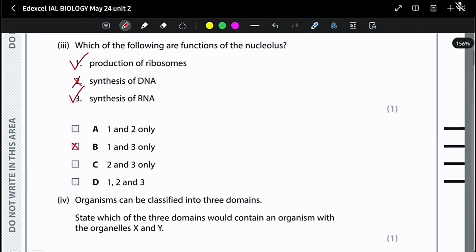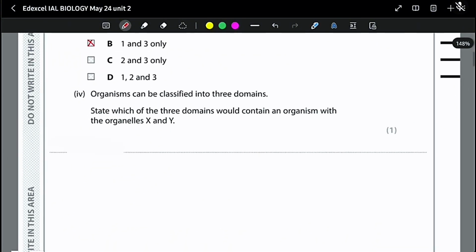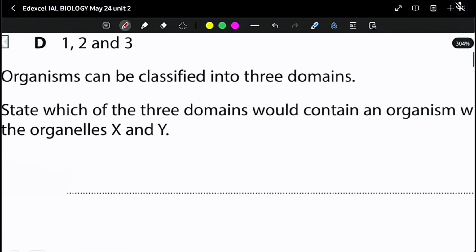Next question. Organisms can be classified into 3 domains. State which of the 3 domains would contain an organism with the organelles X and Y. So we know the 3 domains are archaea, bacteria, and the third one, eukarya.